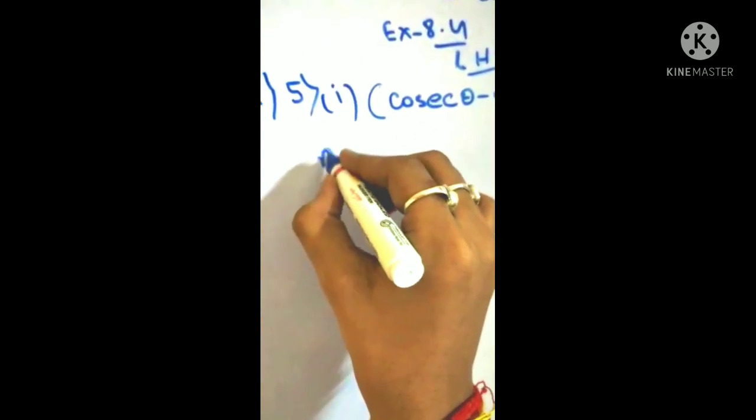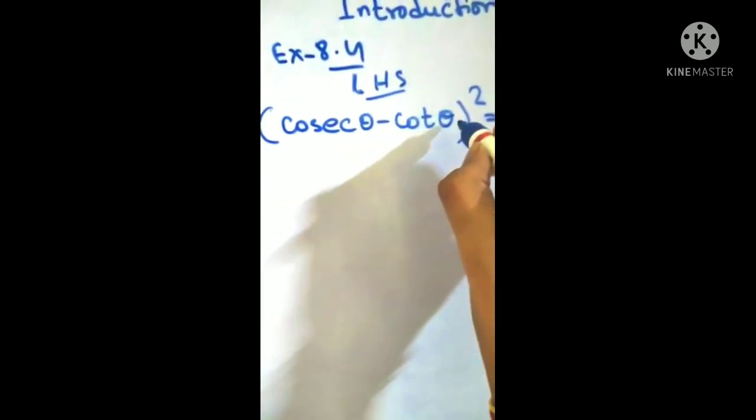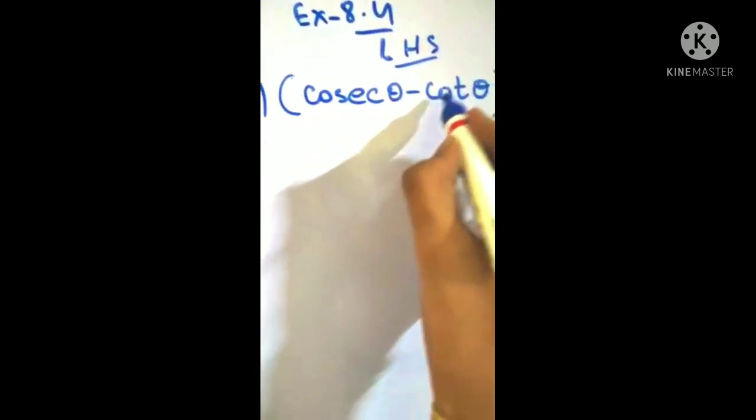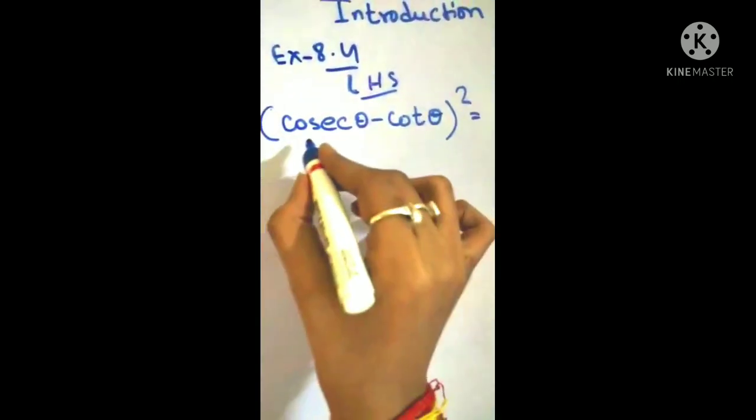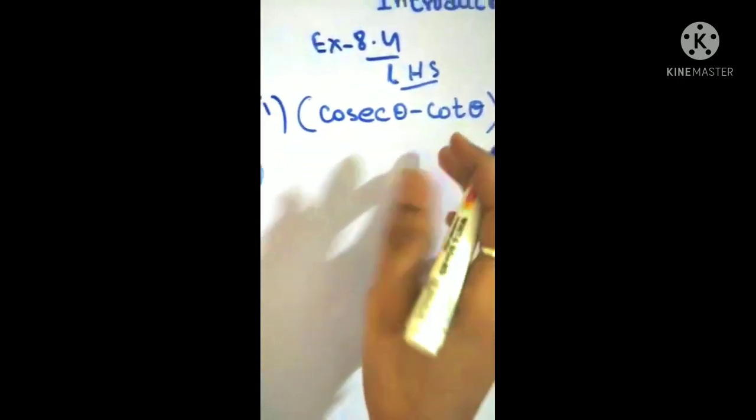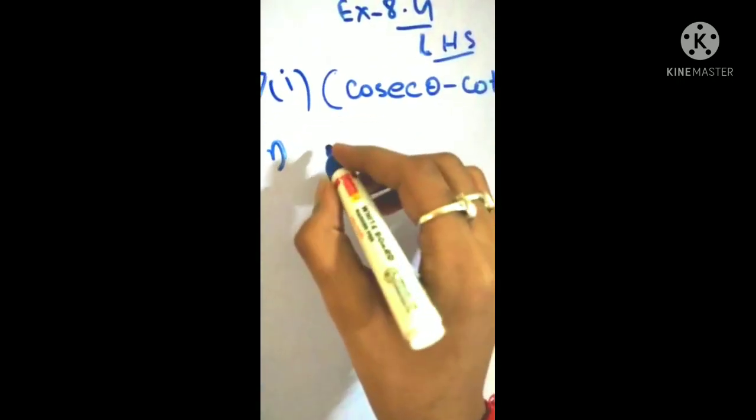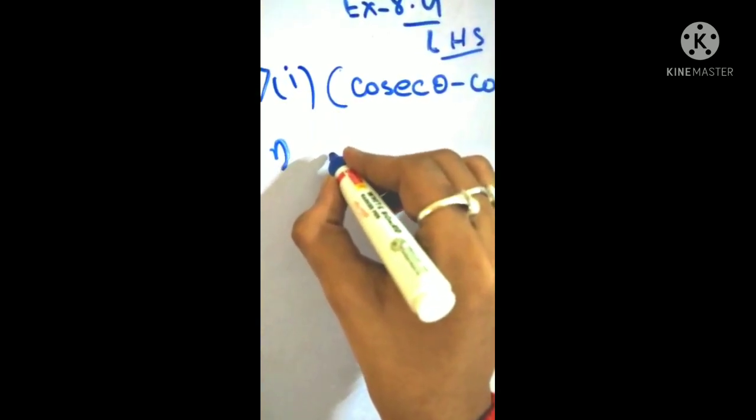So in LHS we have (cosec theta minus cot theta) whole square. That means (A minus B) whole square. So A minus B whole square, what we know? The formula, that is A square minus 2AB plus B square.